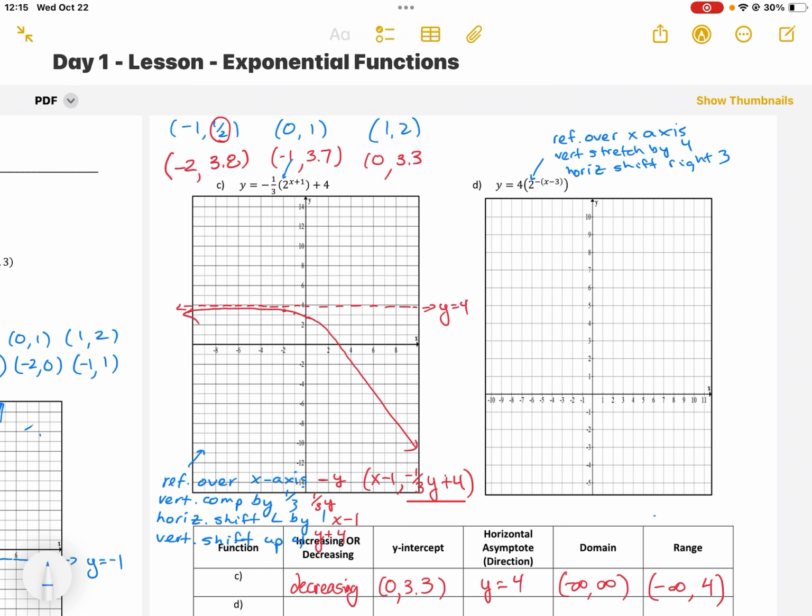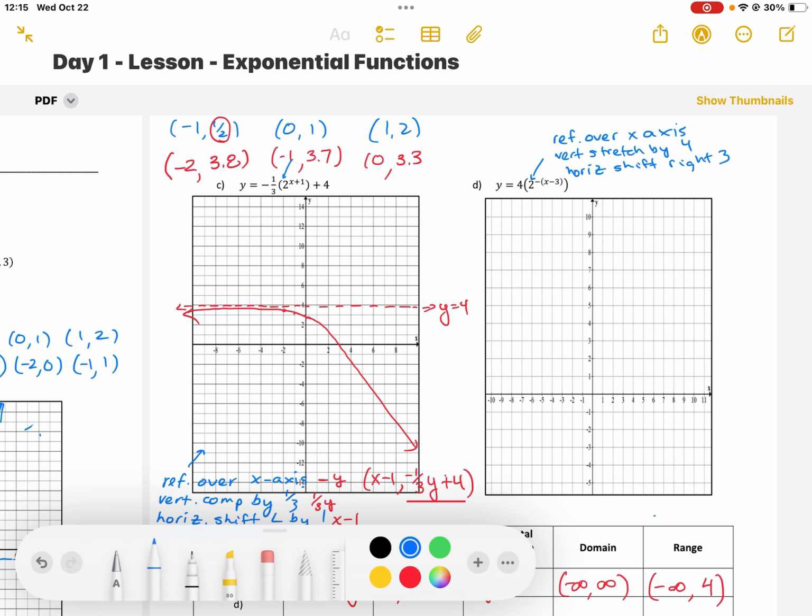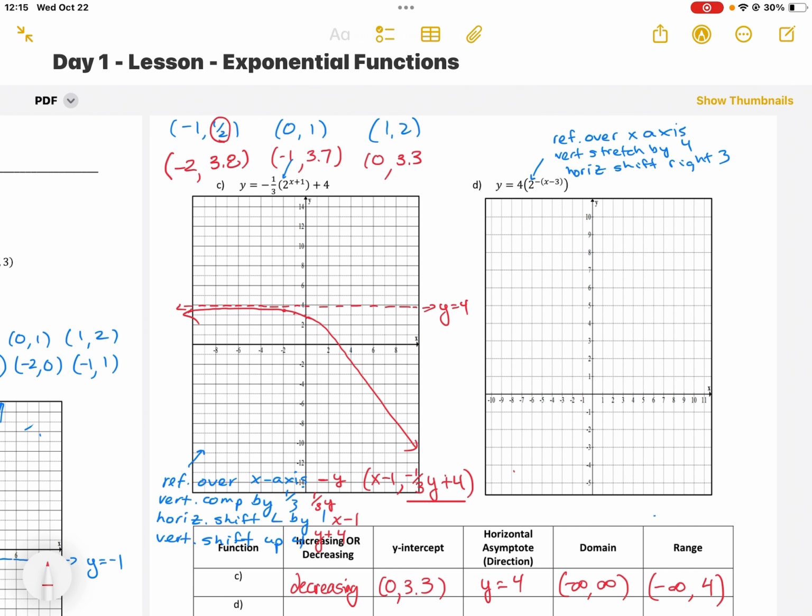So the x is always the opposite. That means the transformations that I'm applying to my key points are -x, 4 times y, and I'm also adding 3 to my x value.